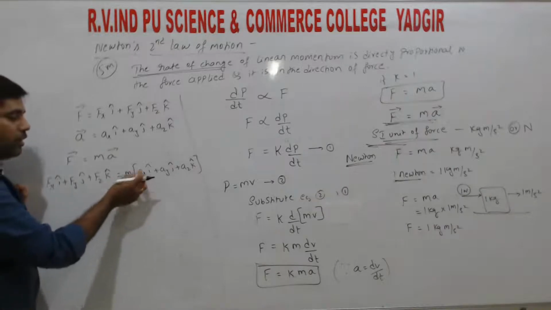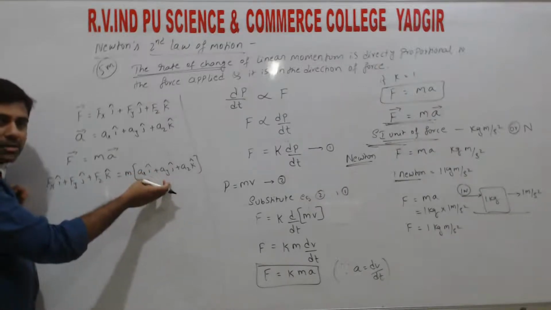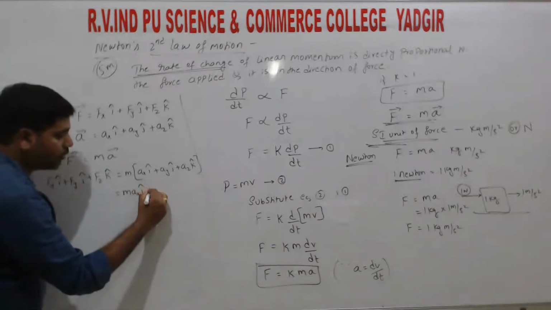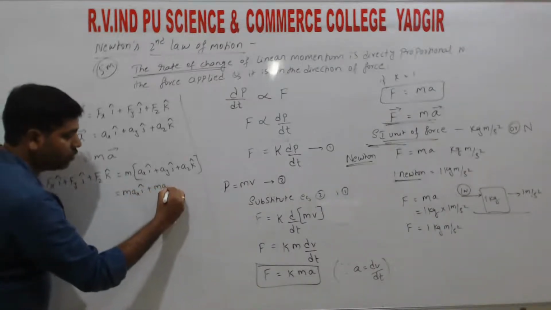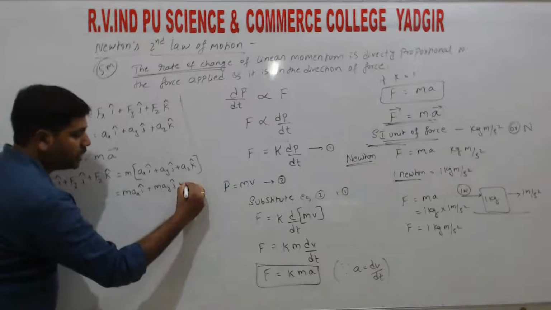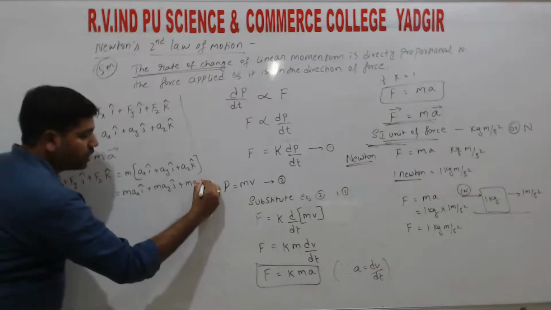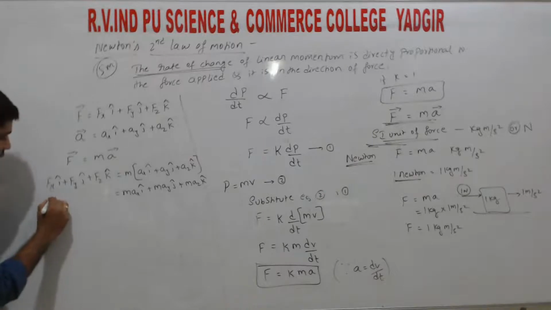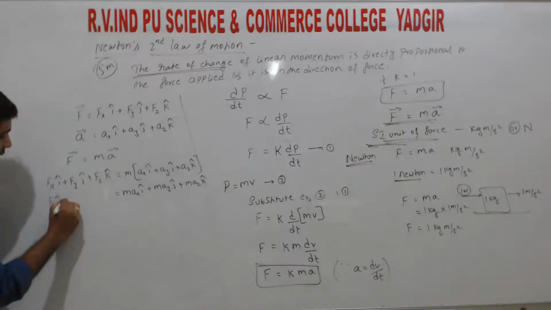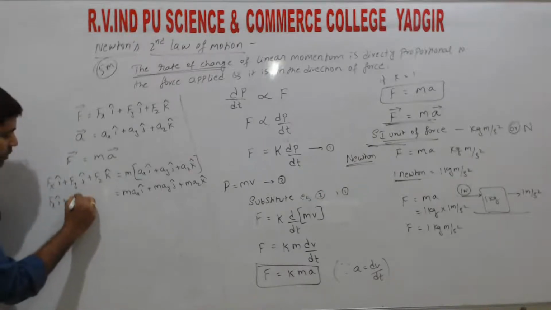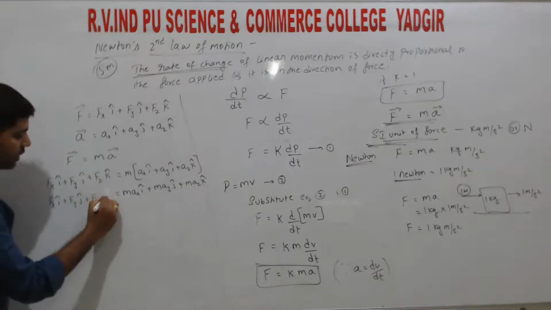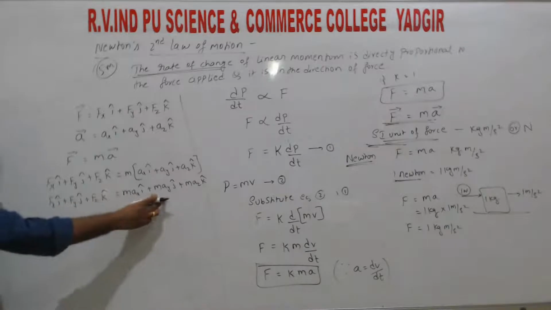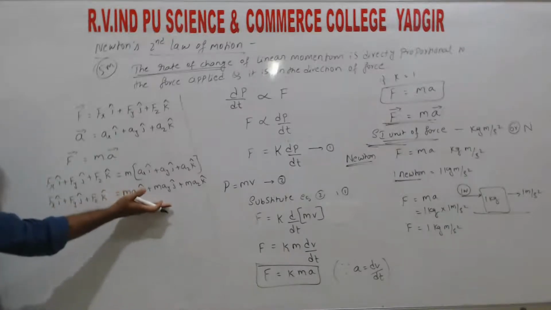So any vector we can multiply with the scalar, right? So m into ax i cap plus m into ay j cap plus m into az k cap. And in the LHS we have Fx i cap plus Fy j cap plus Fz k cap.